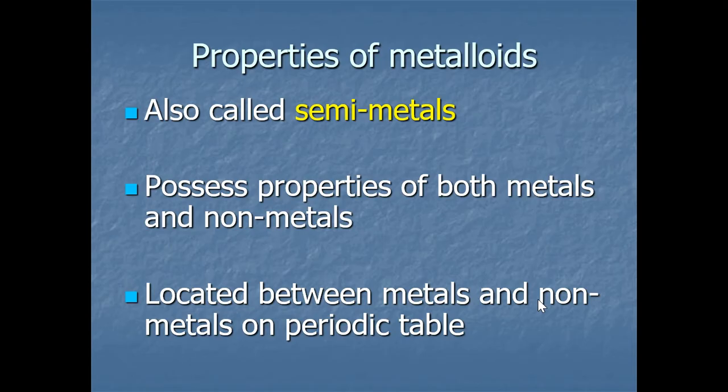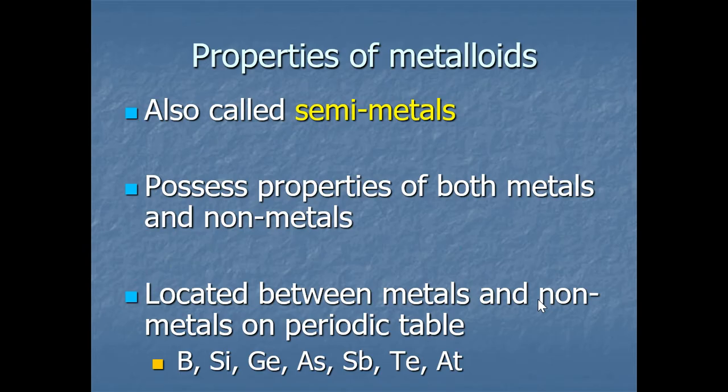But there are some elements that have only one of the properties, some that have two, and some that have three. So if they have one, two, or three of the properties of a metal, but not all four, they're considered to be a metalloid or a semi-metal. And those are located between the metals and the non-metals on a periodic table.